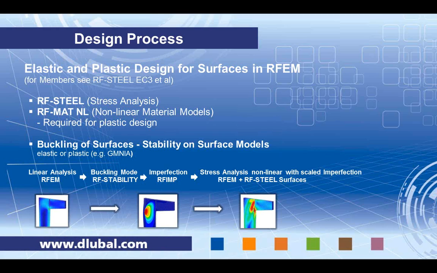We need then an imperfection, and the imperfection can be derived from a buckling mode that is calculated in RF-STABILITY. We scale this imperfection mode to a certain size and use the imperfect model then as a basis for a nonlinear analysis and stress analysis. And we check then if the stresses are below the limit stresses. Important is that we use a nonlinear analysis for this check. We will see this in the live demonstration.